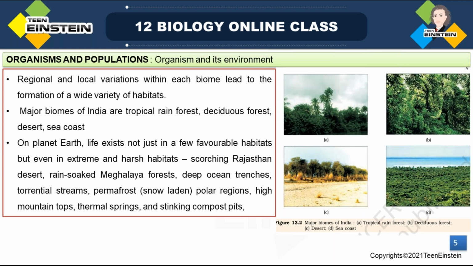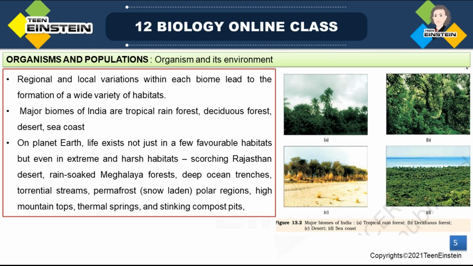In the human intestine also you can see microbes. That means they got adapted to that unique habitat. So many microbes will be there, getting adapted to a particular habitat. Regional or local variations form a particular habitat.